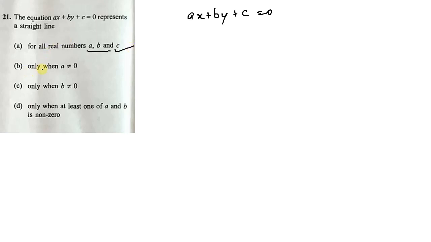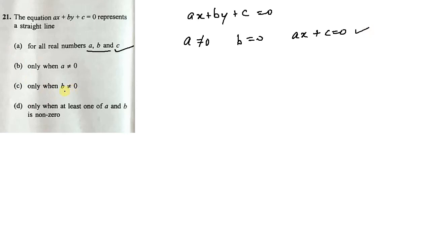Now option number B is only when a is not equal to 0. If a is not equal to 0, then maybe b is equal to 0, because there is no condition about b and c, so our equation is just ax plus c is equal to 0, and this also represents a straight line.